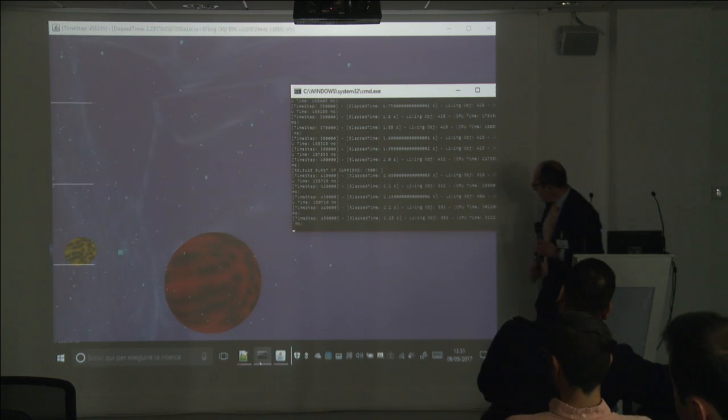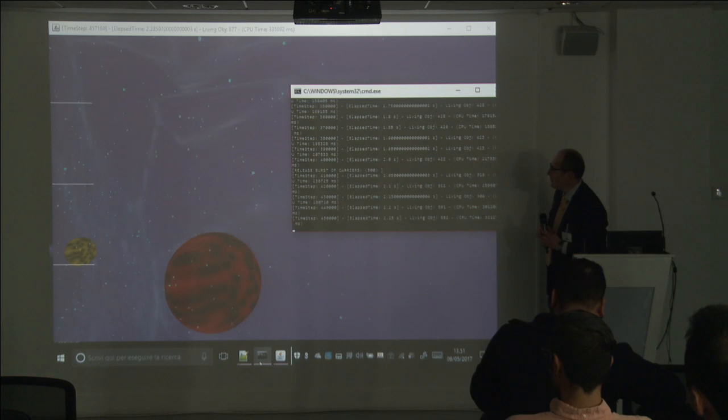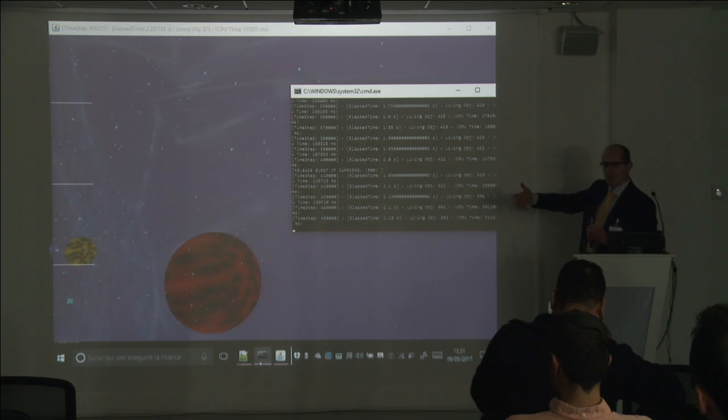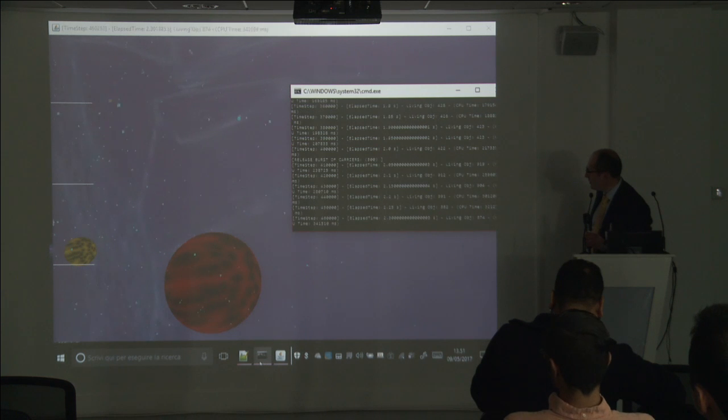So 2.25. We have accelerated the behavior of particles just to speed up the video.